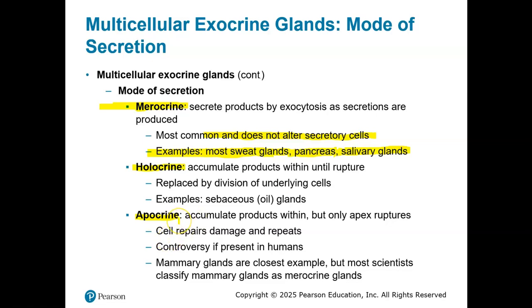Then we have apocrine. In apocrine secretions, only the apex, that means the top half of the cell, is shed along with the secretion. Okay? So then the cell repairs the damage and repeats the process. But it is damaged slightly by releasing the secretion. So apocrine secretions can be the secretions from mammary glands, but since this looks controversial or debated, we're not going to give that example.